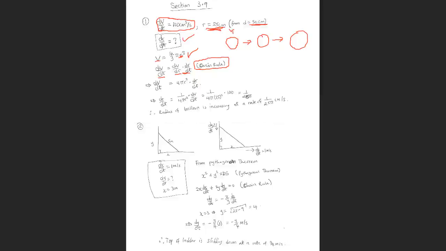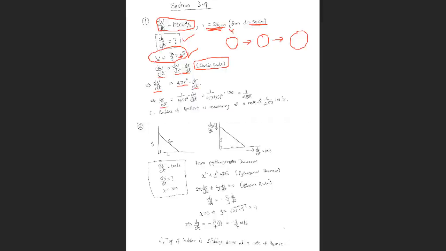In this case, dV/dt you know already. What is dV/dr? It just means go to this equation and differentiate with respect to r. You just get 4 pi r squared. Then dr/dt is what you're looking for. If you make dr/dt the subject, it becomes dV/dt divided by 4 pi r squared.